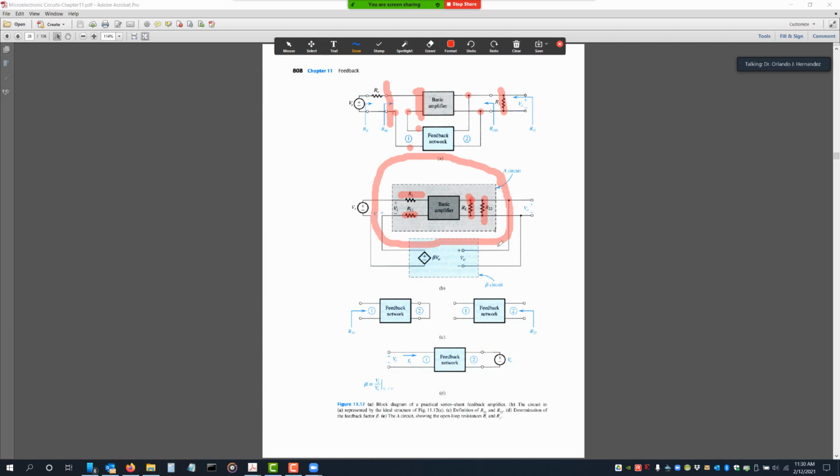Then here is your beta network and your sampling voltage. So you present the voltage as two ports with a reference over here and the actual voltage. And since you are outputting a voltage, essentially this becomes a voltage controlled voltage source with a gain of beta.